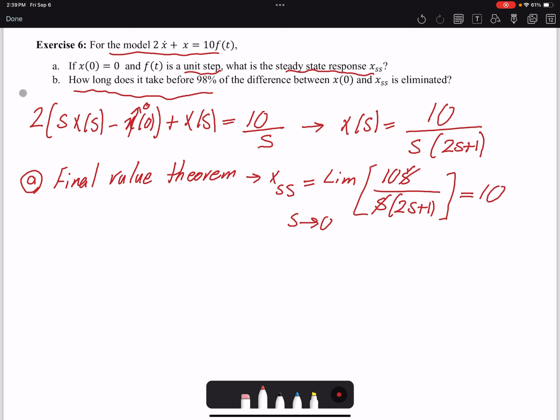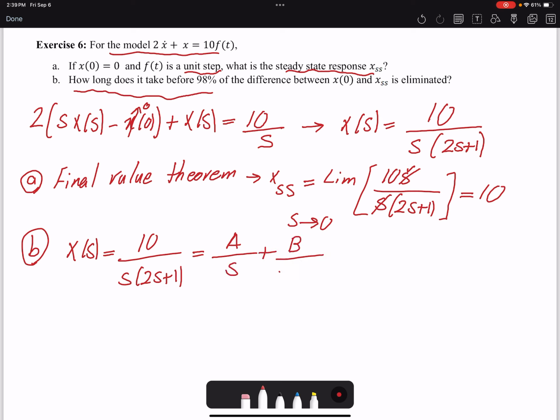To find the time constant, I need to use partial fraction expansion. Here I have 10 over s(2s plus 1) equal to a over s plus b over (2s plus 1). I want to find this a and b. So here I have 2a plus b, that would be the s coefficient.